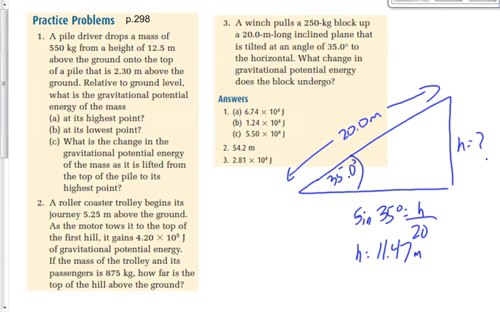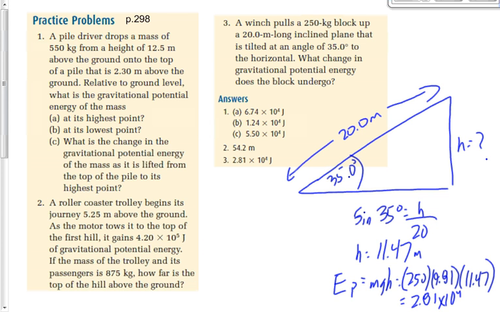Okay, there's my height. And now that I have my height, EP is equal to mgh, which is 250 times 9.81 times 11.47. Now, as you solve this, it works out to be, I assume, 2.81 times 10 to the 4. Remember that you technically haven't found what you're looking for.